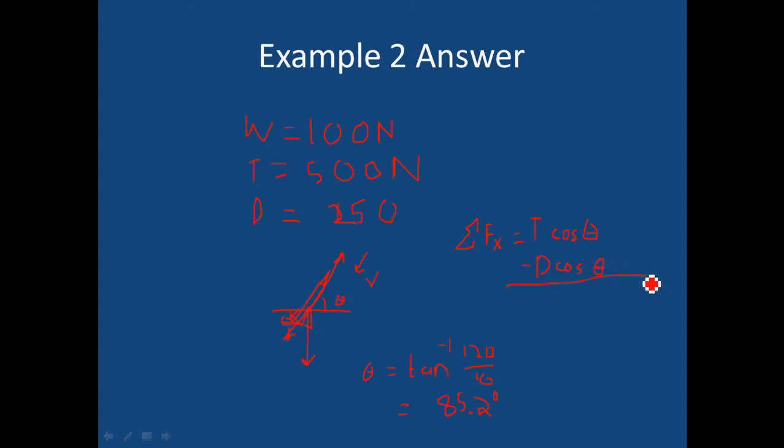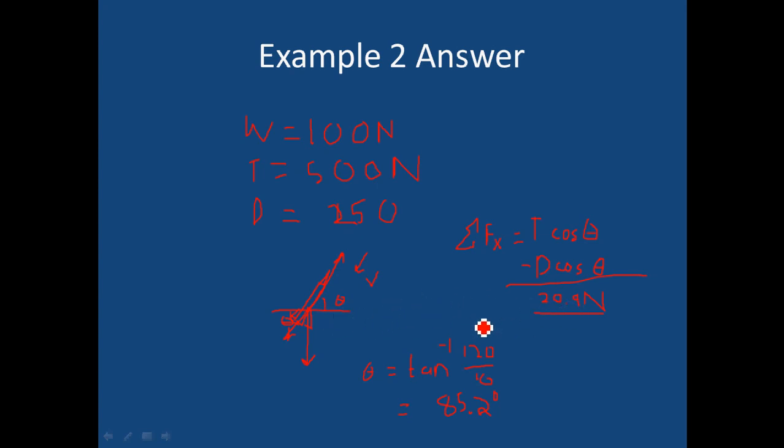Let me calculate this quick: 500 cosine 85.2 minus 250 cosine 85.2, and I get 20.9 newtons in the x direction. And that's in the positive x direction.